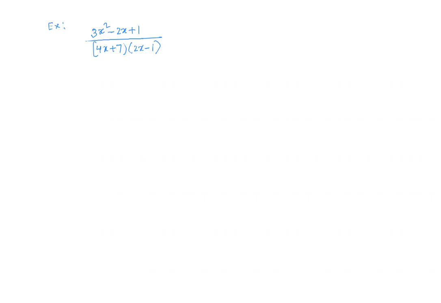We want to write it as something over 4x plus 7 plus something else over 2x minus 1. Now this one is a little tricky.